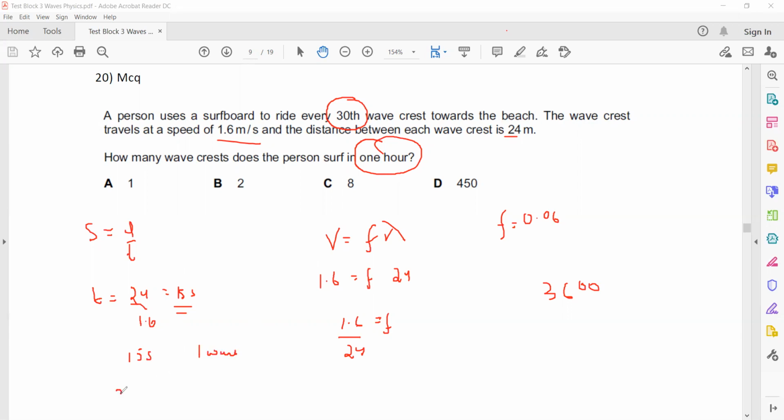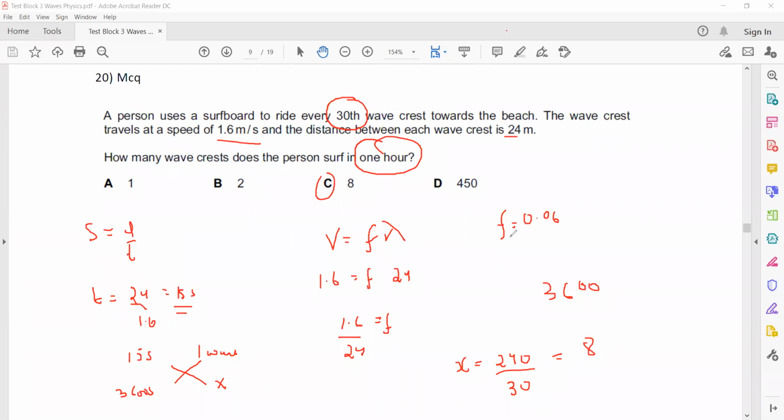In 1 hour, which is 3600 seconds, how many waves will there be? Cross multiply and you will get the number of waves, which is 240. But he's not riding every wave, he's only riding every 30th wave. So 240 divided by 30. What you will get is 8, so C is the right answer.